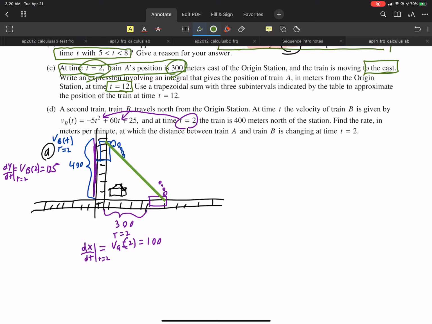I'm going to use C. Why C? Because trains go choo-choo. That's C. So I'm going to say let C equal the distance between the two trains.